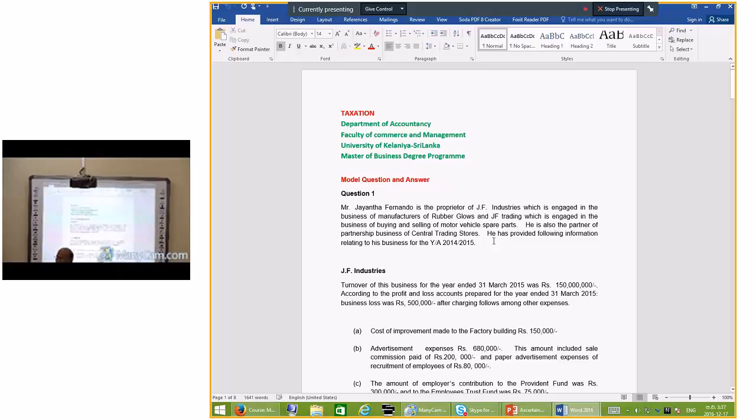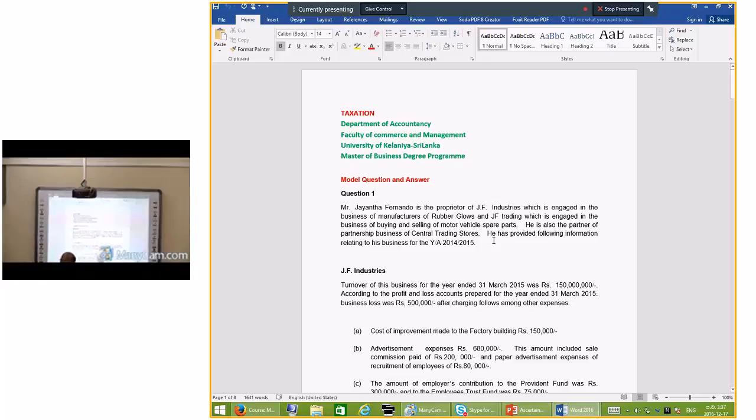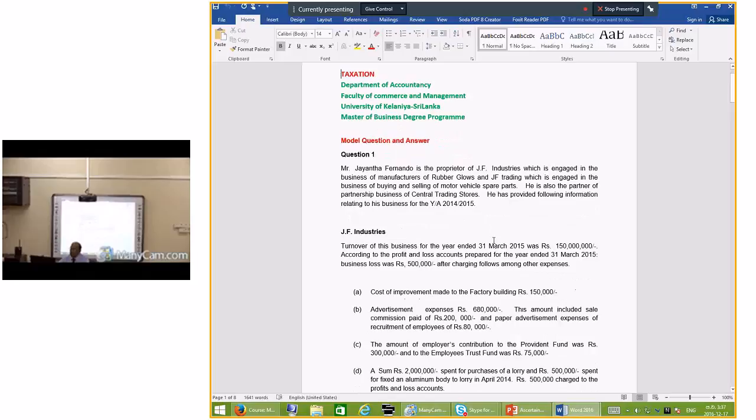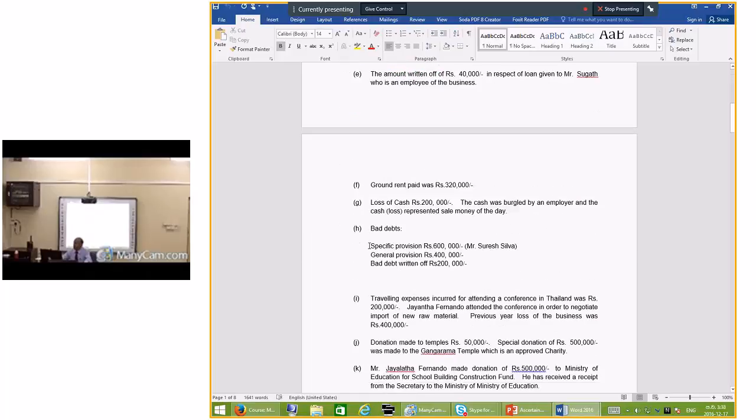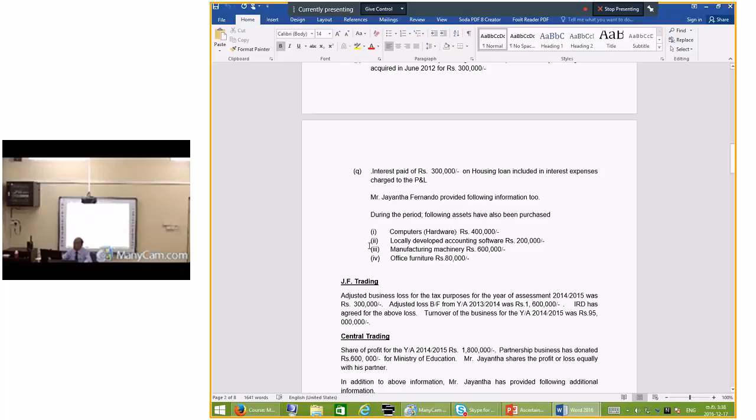This is one model question. Mr. Jayanthan has some industries, JF Industries, and also some trading businesses, JF Trading, Central Trading. There are a lot of people like that.